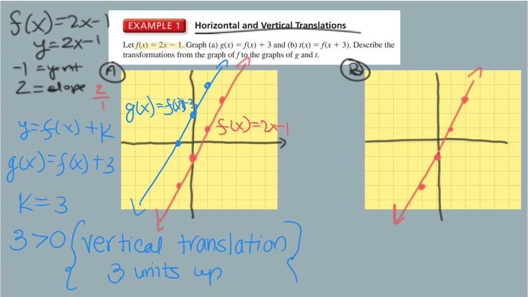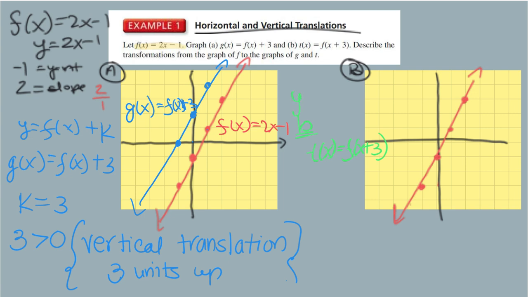B, they gave us what? T of x equals f of the quantity x plus 3. This is the same as which one? Remember back to our core concept.